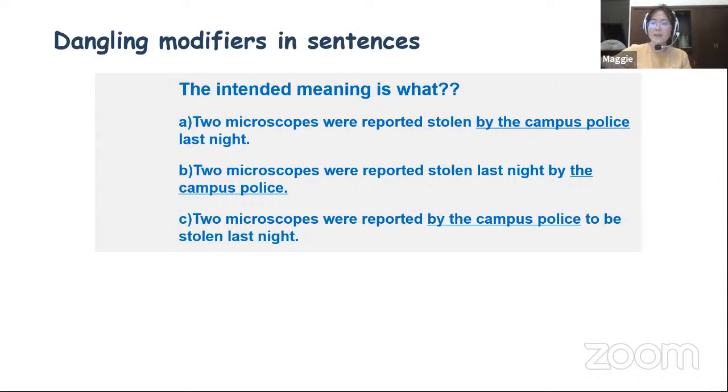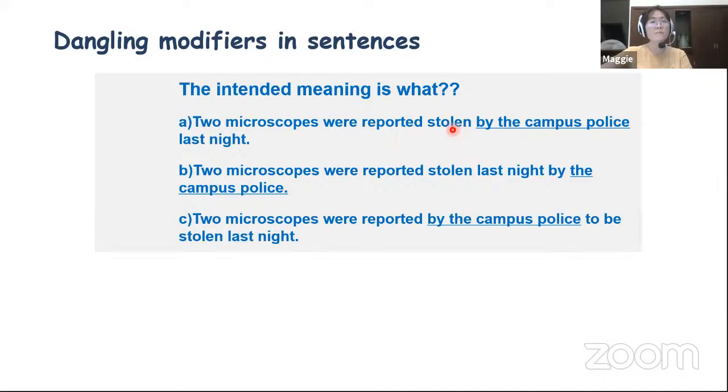So here is one example, let's see what the intended meaning of the sentence is. Two microscopes were reported stolen by the campus police last night. If you see this sentence, what do you think? You don't know if the campus police stole the microscopes, or they only reported the stolen microscopes, right?